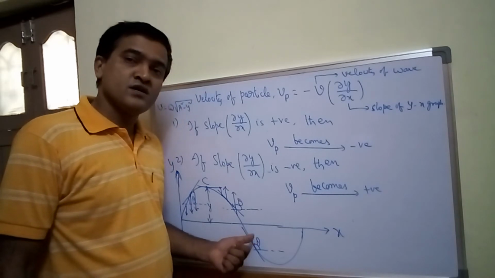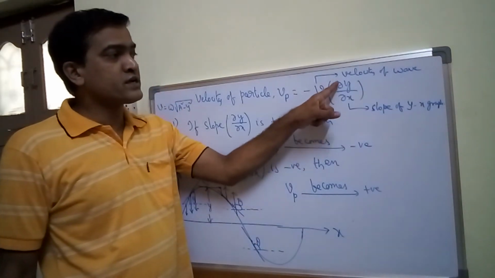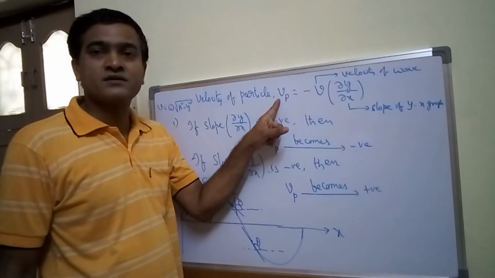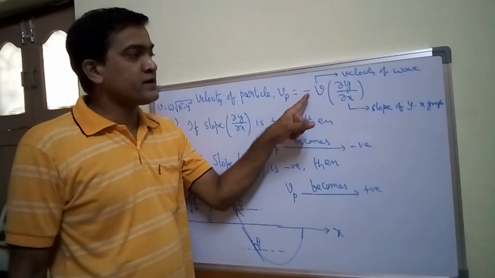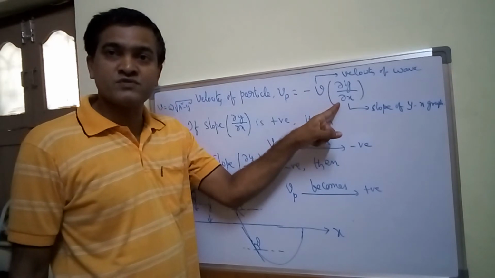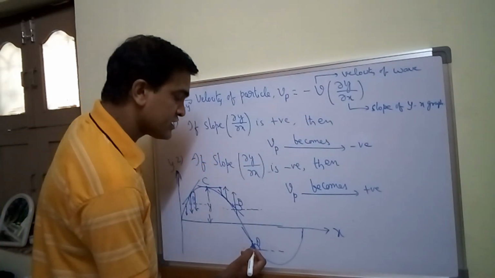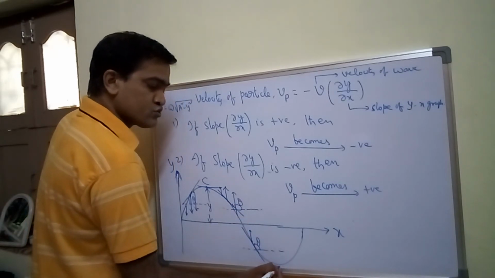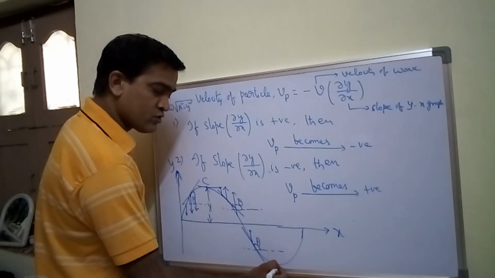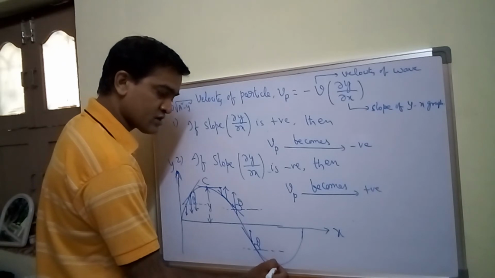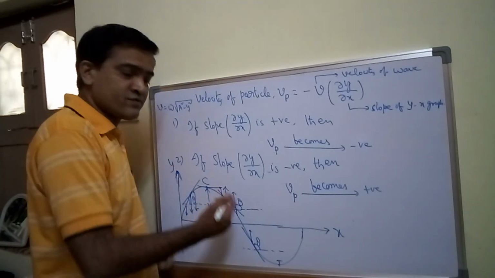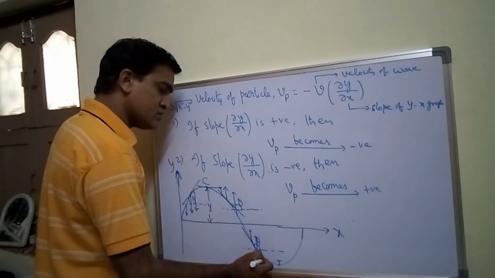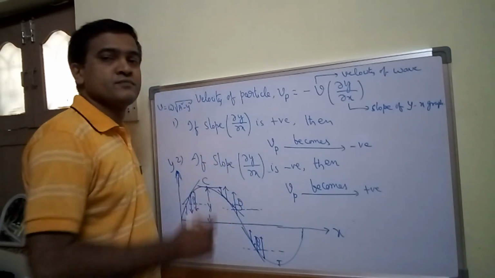So in this case, slope is negative. When slope is negative, that is dou y upon dou x is negative, then what happens to the velocity of the particle? Velocity of the particle is minus v into minus, that gives plus v. That means the particle is trying to move in the upward direction. So to the trough, let me consider the bottommost point as the trough. So to the left of the trough, all the particles will be moving in the upward direction.